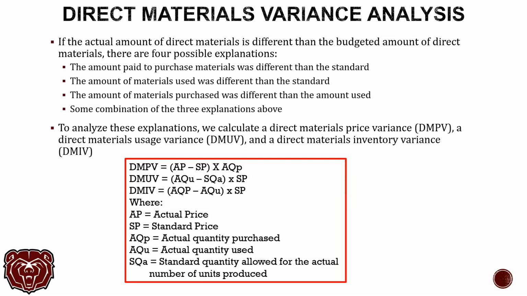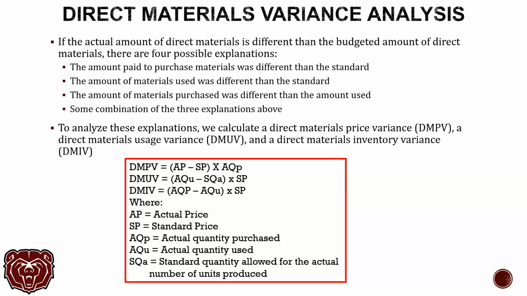That's your price variance. It could be the amount of materials that we used was different than the standard. That's your usage variance. It could be that the amount of materials purchased was different than the amount that was used, right? That's going to be your inventory variance. So you're going to have some left over. You don't have enough, whatever the case is, okay? Or it could be some combination of any of the 3 explanations above, okay?